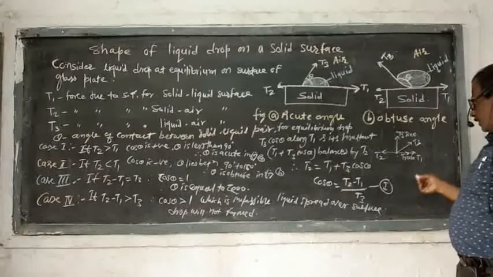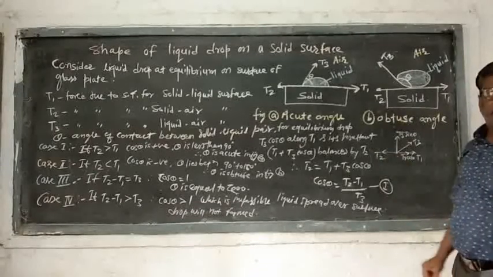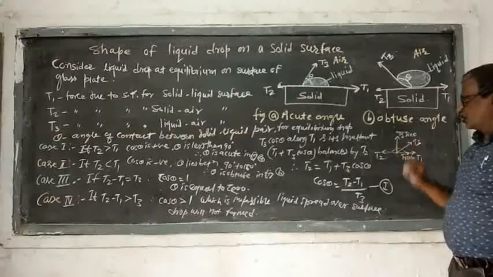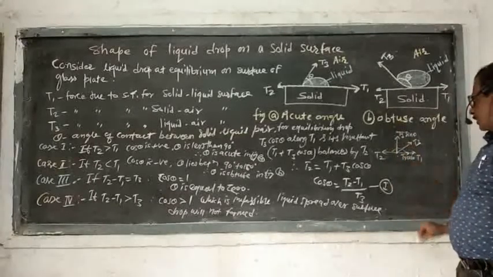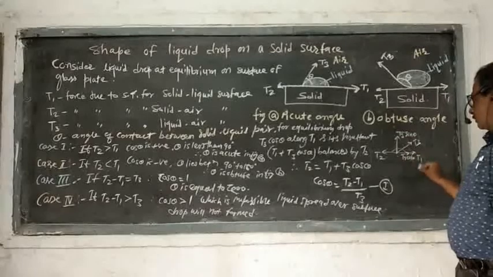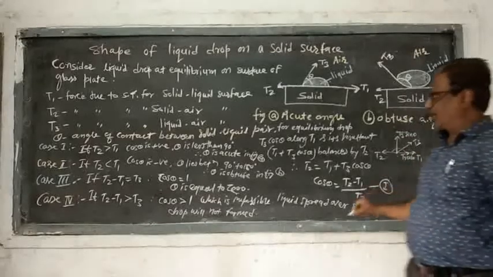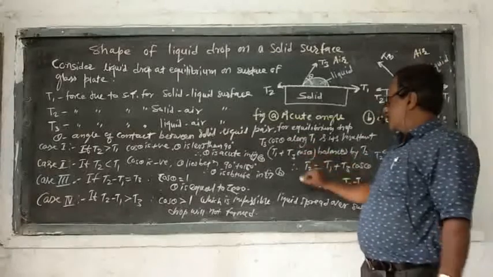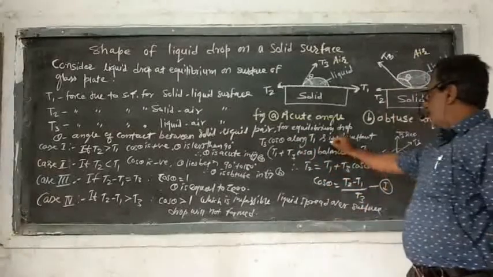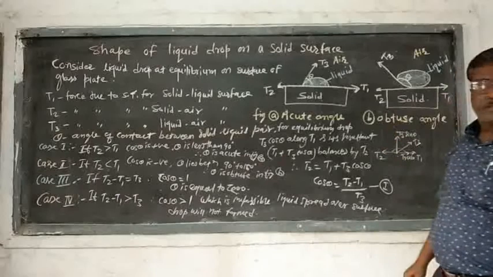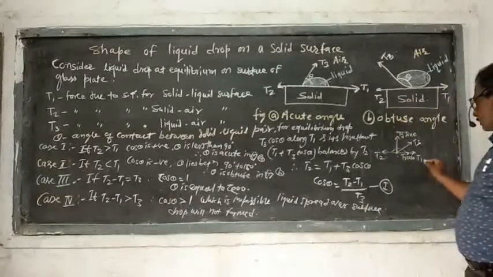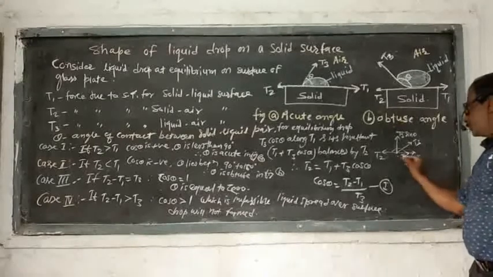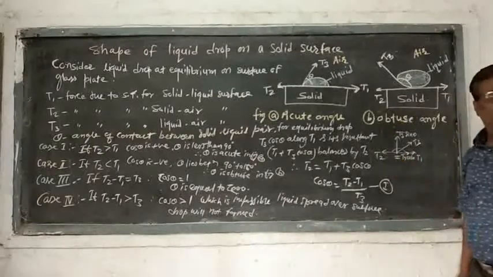When this drop is in equilibrium position, then T2 is balanced by T3 cos theta plus T1. So for equilibrium of drop, T3 cos theta along with T1 and its resultant is equal to T1 plus T3 cos theta, which is balanced by T2.